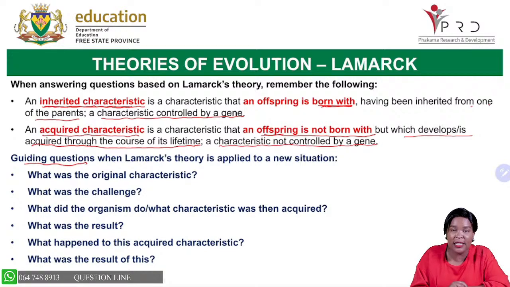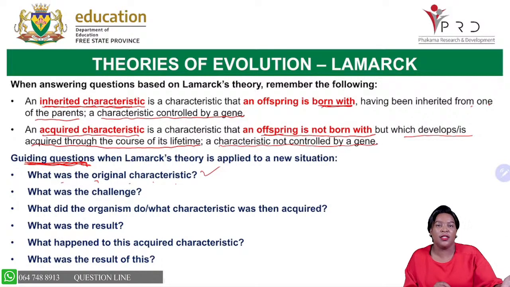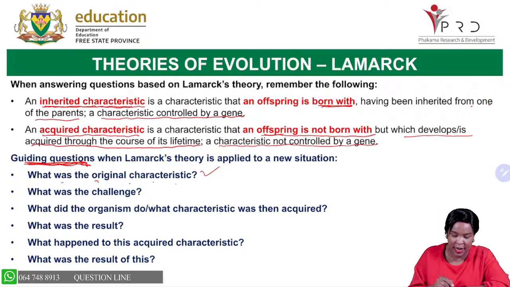There are guiding questions that can help you in answering any question using Lamarck's theory. What are those guiding questions? First, you must ask yourself, what was the original characteristic? Like we said with the giraffes, all giraffes had short necks. You must identify from any scenario that you are given what the original characteristic was, and you must say that all of those organisms had that original characteristic.